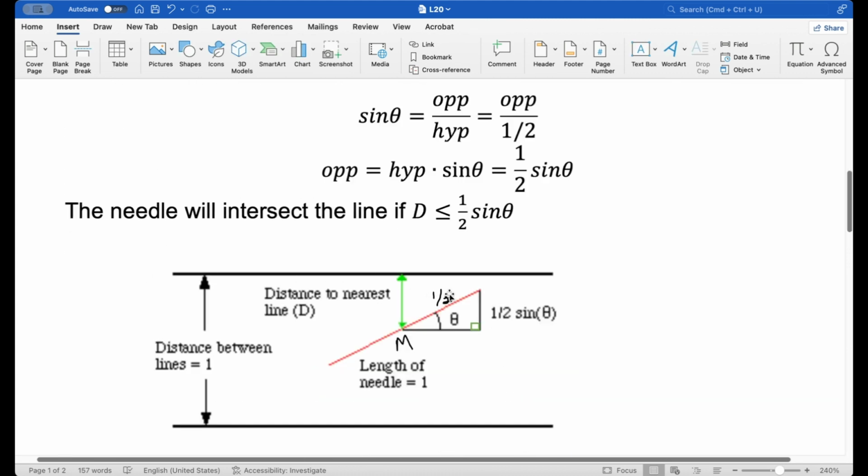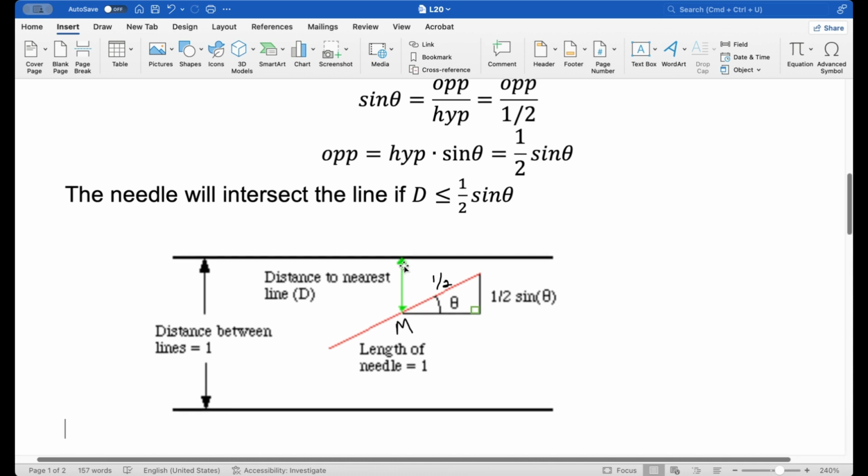All right, let's take a look at a picture here of the situation. So again, we're assuming the distance between the lines is 1 unit. We're assuming the length of the needle is 1 unit. We've defined D to be the distance from the midpoint of the needle to the closest line on the paper.